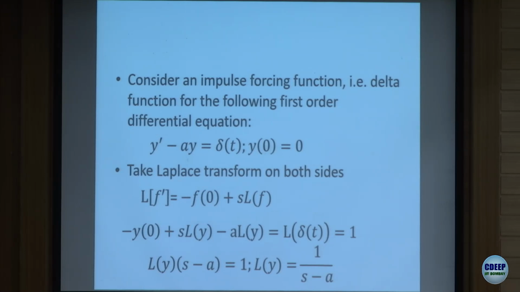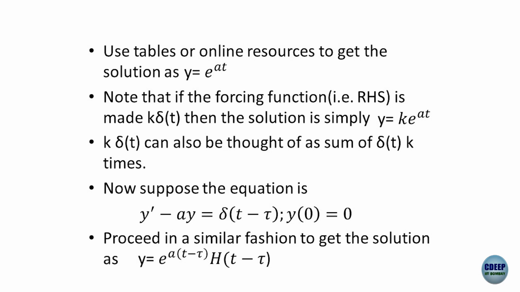So we started with the same good old example, y prime minus ay equals delta t, and y(0) equal to 0. Take the Laplace transform on both sides, do the algebra, and what we got was that the Laplace transform of y is equal to 1 by s minus a. That's if you have the delta function.